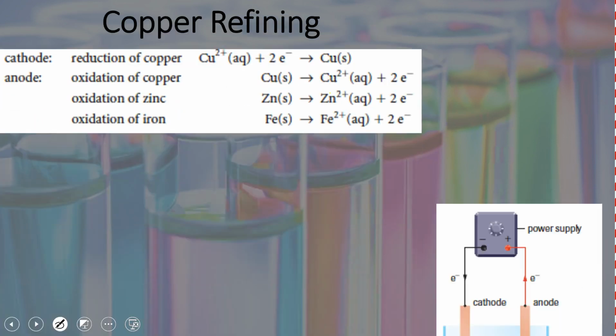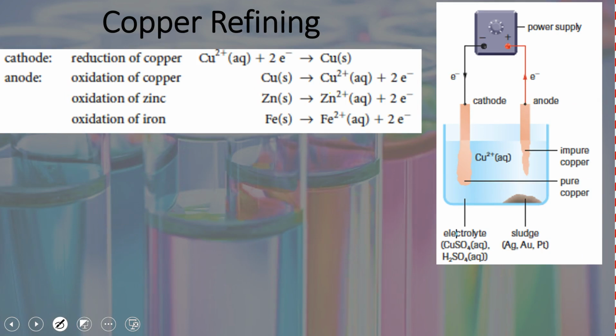And so here's a good example. If I'm trying to refine copper, I take the impure copper, I put it at the anode, and I take a very high percentage piece of copper and put it at the cathode. This has to be pure copper in order for this to work. If I apply electricity to it, this impure copper ore is going to start breaking down.